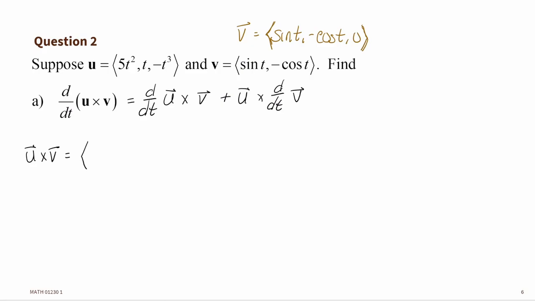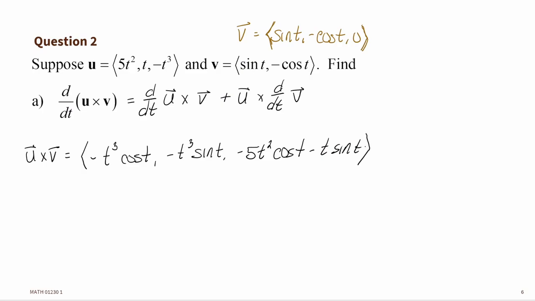Now what we'll get here as u cross v is negative t cubed cosine of t, negative t cubed sine of t, and negative 5t squared cosine of t minus t sine of t.